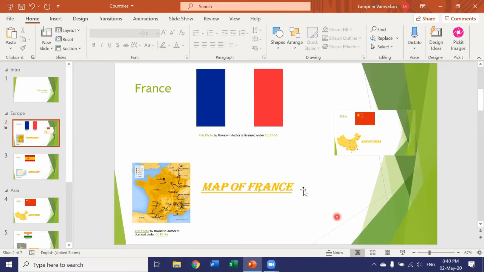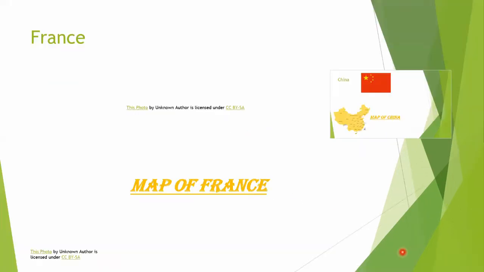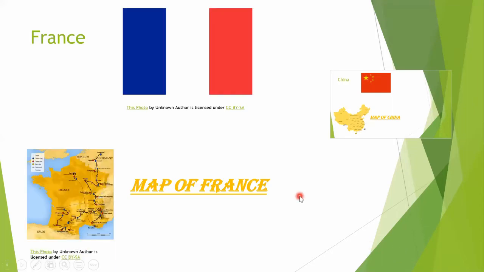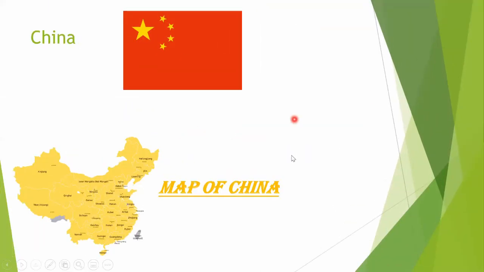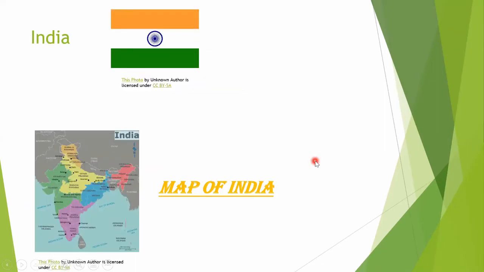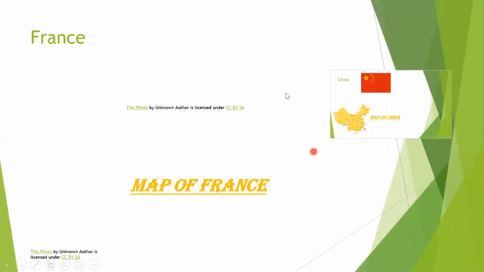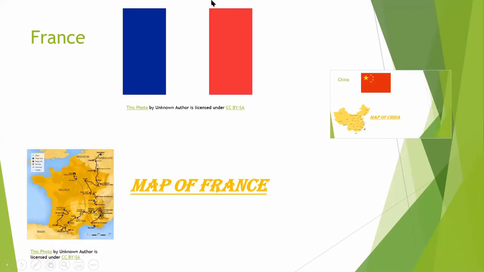Let's check that out. Let's go down here to the Slideshow button. Okay, we are presenting France. And now by clicking on this link, I can zoom in and jump to Asia. 1 slide, 2 slides. Click again and I'm back on my France slide.